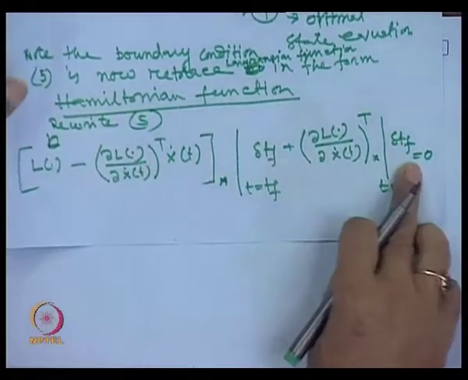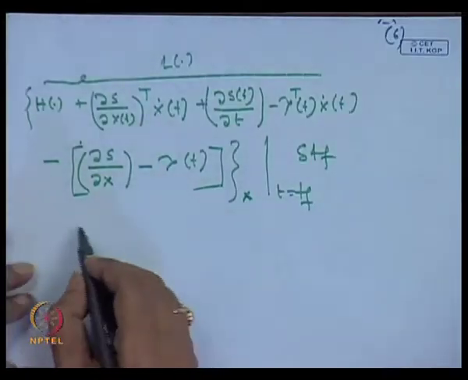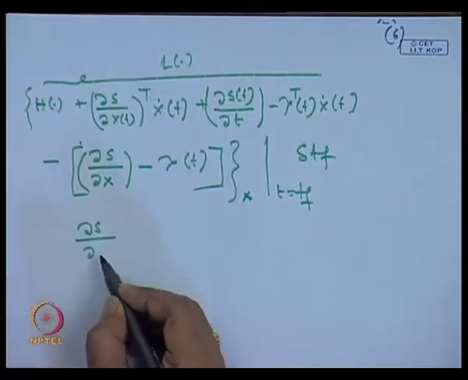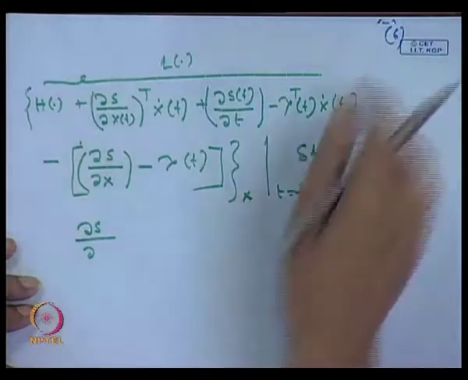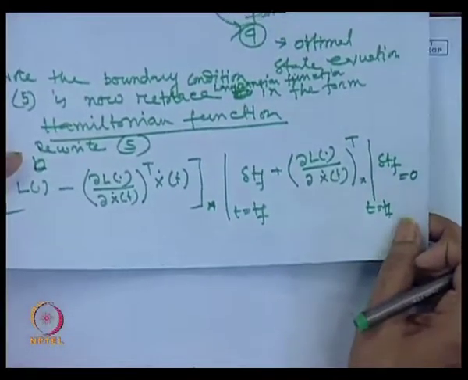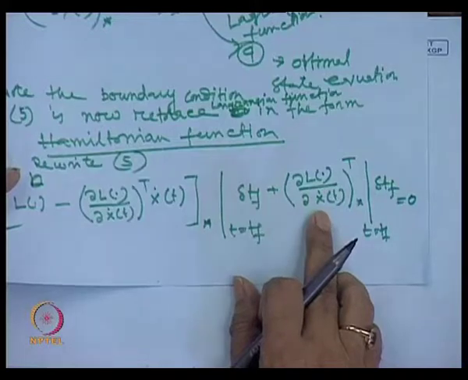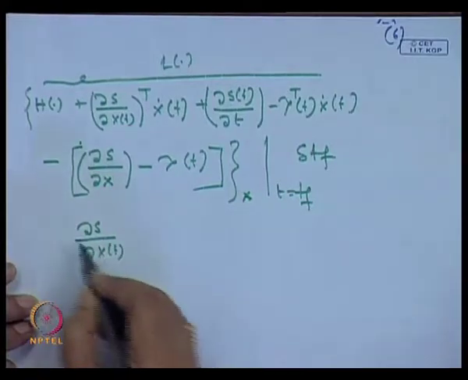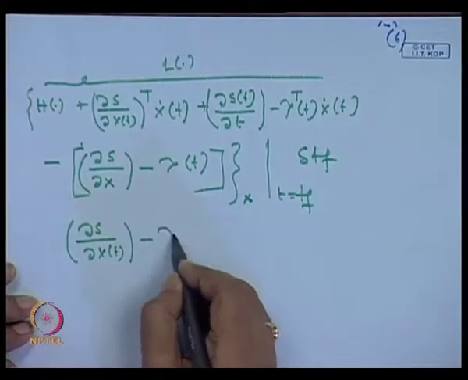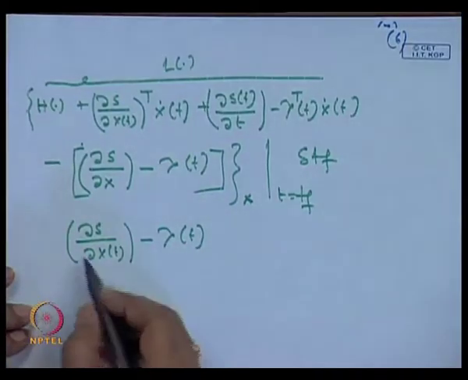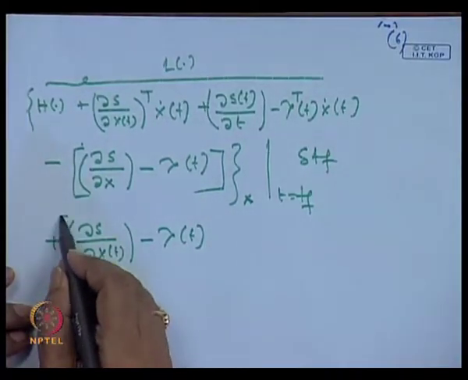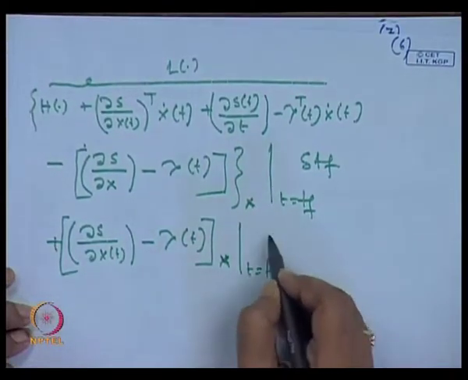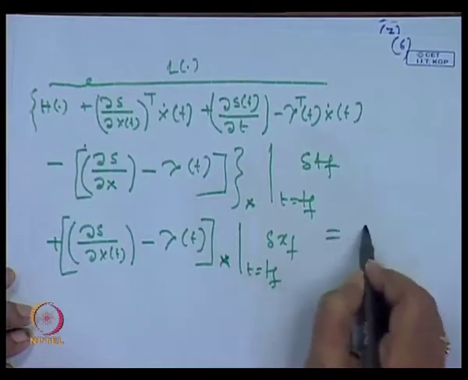Next, similarly, delta S delta x of t, differentiating with respect to x dot, that is delta of x t, minus delta of t, plus term, with star t equal to T f and delta x f equal to 0.